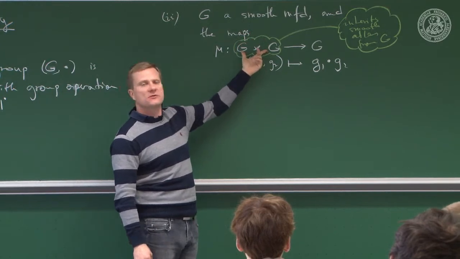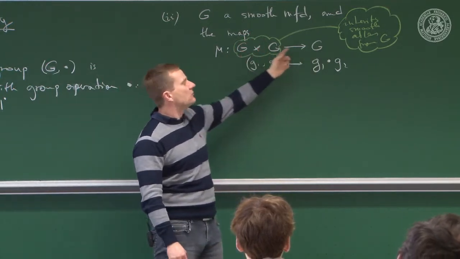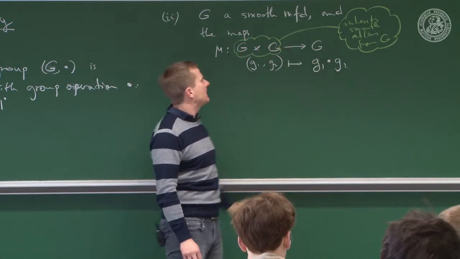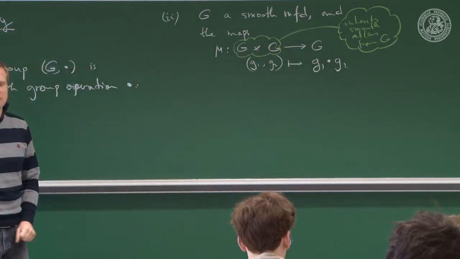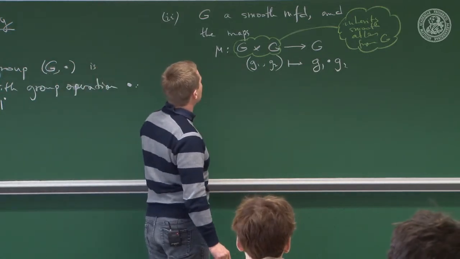Now, if this is a smooth manifold and this is a smooth manifold, we have a map mu between smooth manifolds, and we can require this map mu to be smooth.